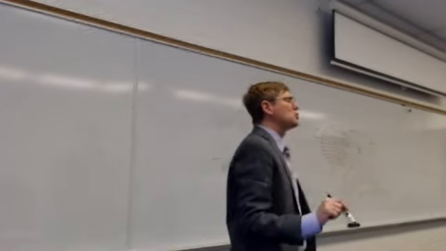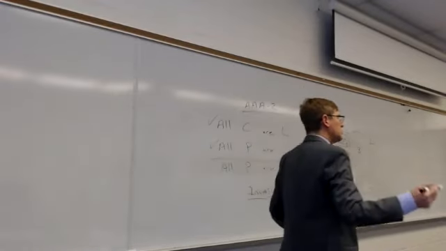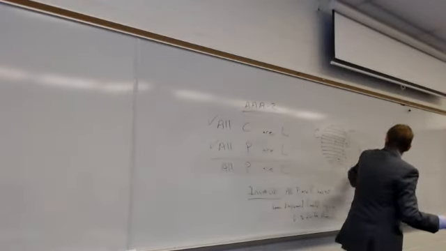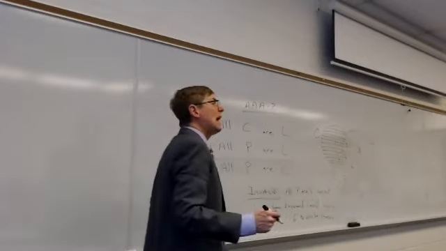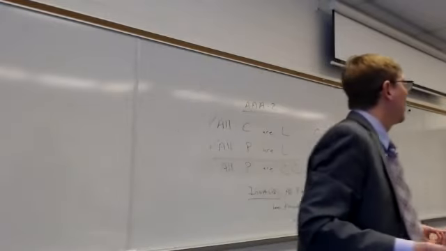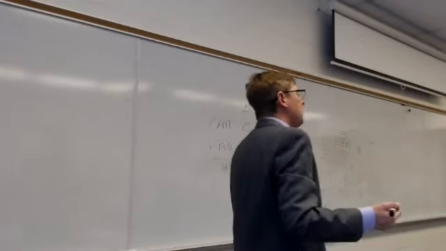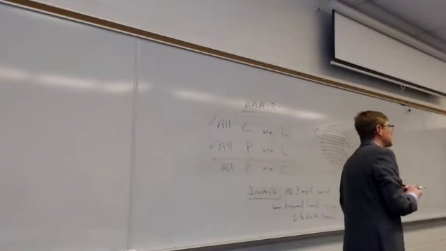So if all P are C could be validly deduced, this and this would have been shaded. It's not. Ergo, it has not been demonstrated. This is an invalid categorical syllogism.